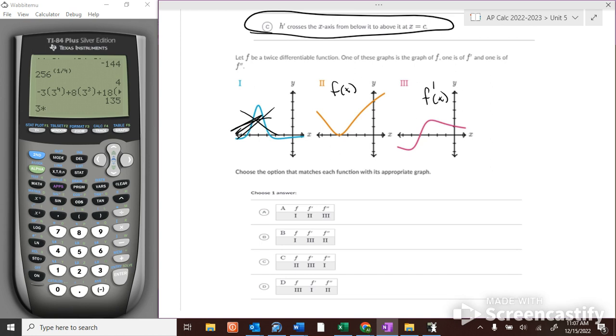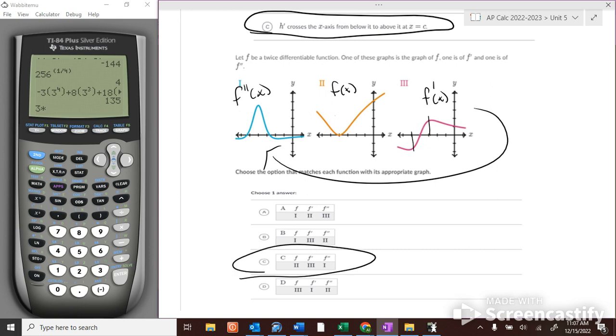So let's see if this is the second derivative over here, where slope is negative first, then it's positive from like -5 to -3, then negative after that again. Yep, this looks like the second derivative because it's a derivative of this. So it would go 2, 3, 1. 2, 3, 1 is choice C.